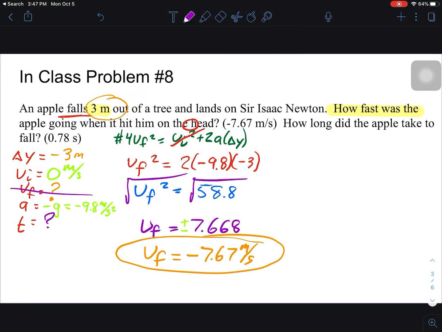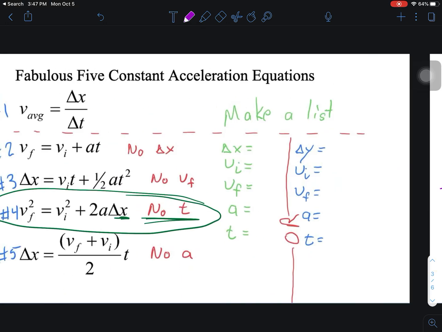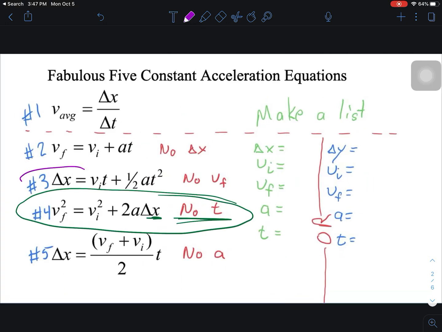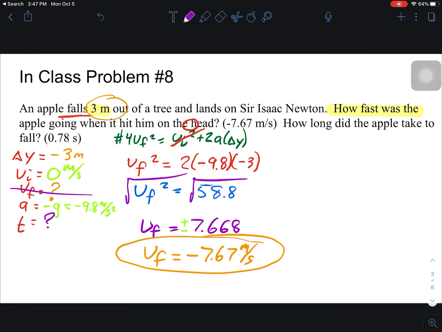The best approach would be to pretend like we didn't just solve for that and not use it if at all possible. So now we can say, well, what equation doesn't have a final velocity in it? Equation number 3 doesn't have a final velocity. So equation number 3 is delta y is equal to vi times t plus 1/2 at squared.